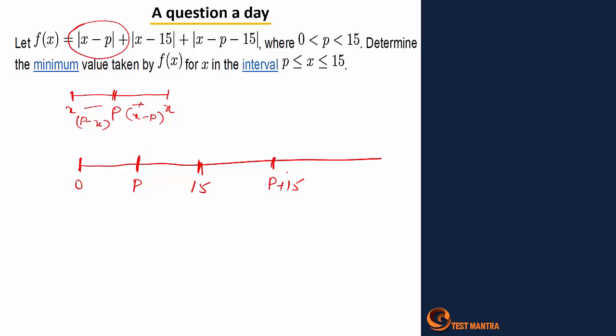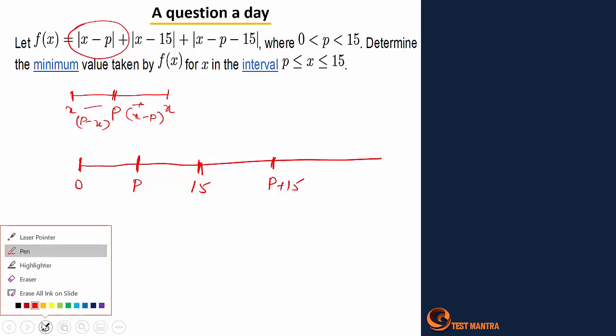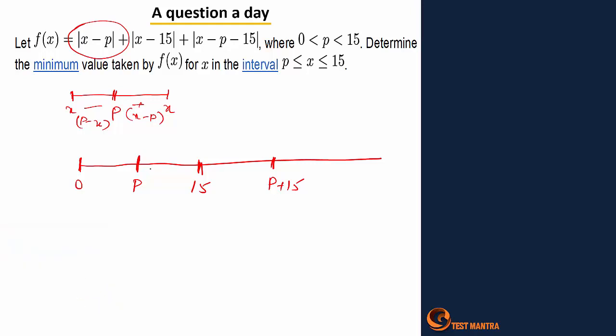So I have just arranged them in ascending order, and according to the condition, x can be anywhere. I can put x somewhere at this part, or this part, or any of the parts, or else at the critical points also, right? So that's my possibility.